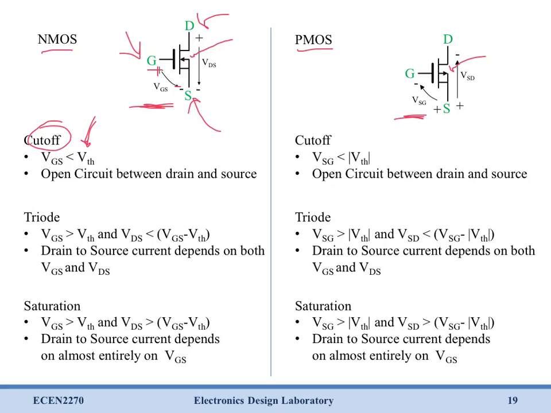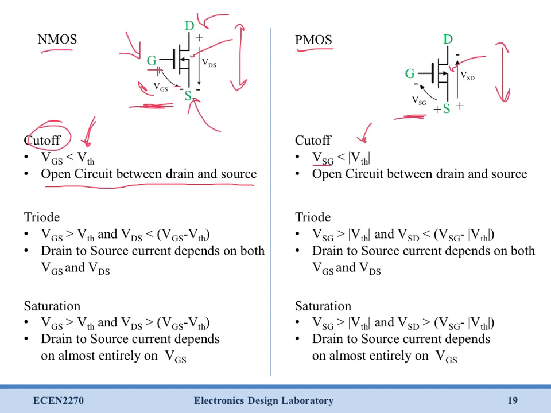So if VGS is lower than our threshold, so this voltage is very small right here, our circuit's going to be cut off, meaning that it'll look like there's an open circuit between the drain and the source. We're going to have no current flow between drain and source. The same is true for a PMOS, except instead of VGS we have VSG, and for a PMOS the threshold voltage is a negative voltage, so we simply take the absolute value. But still a cutoff region where there's no current flow between drain and source.